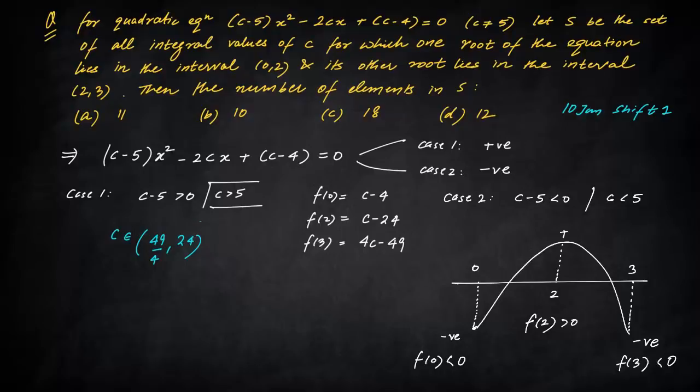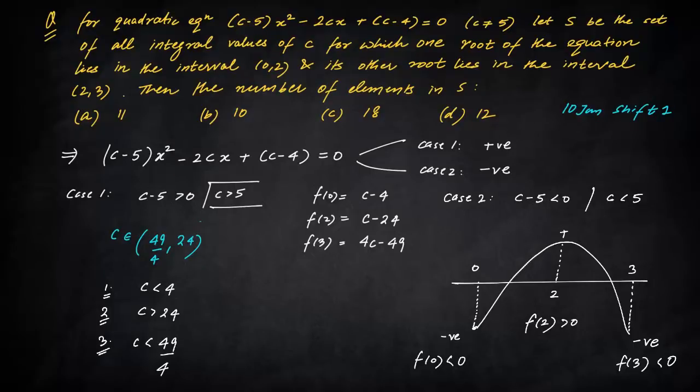So if we do the first step, f0 less than 0, c should be less than 4. Second condition would be f2 is greater than 0, c should be greater than 24. Third condition is f3 less than 0, that means c should be less than 49 by 4.